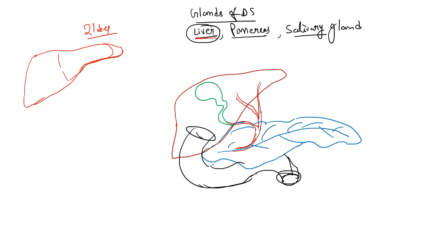Okay, so if you look here, this is the whole bile pathway. This is the liver, this is the pancreas, this is the duodenum, and this is the gallbladder.